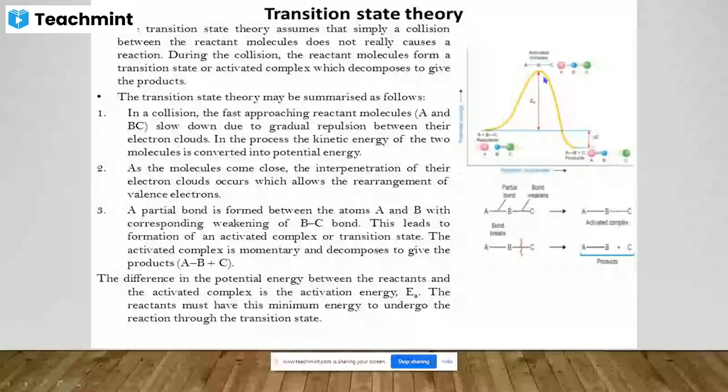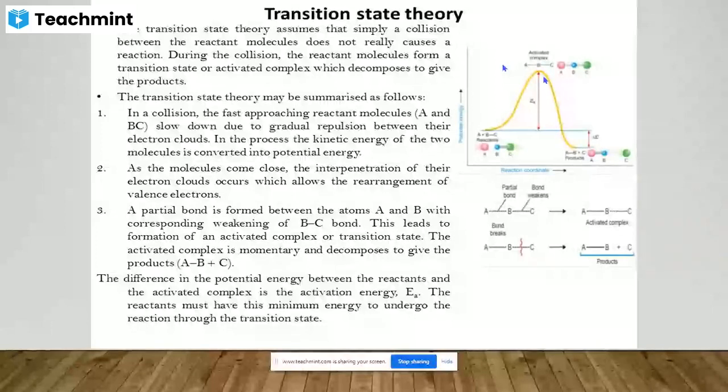In the earlier collision theory we studied that for a reaction, collision must be there. The colliding molecules must have a sufficient amount of energy, and they must collide with the proper orientation.